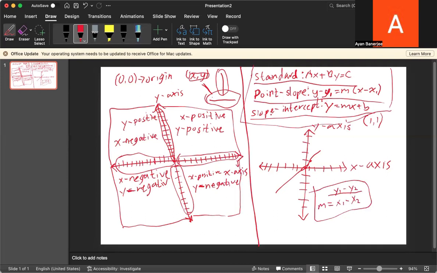And then the slope-intercept form, y is equal to mx plus b. We have b, which is a constant value, m, which is the slope, and the x and y values. And back in the standard form, a, b, and c are all constant values.